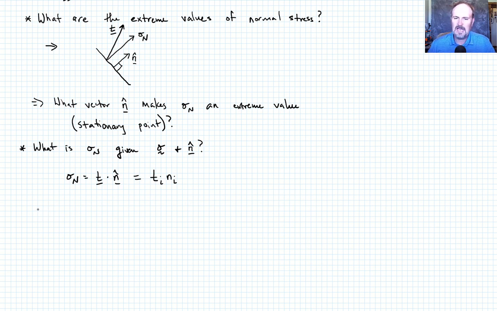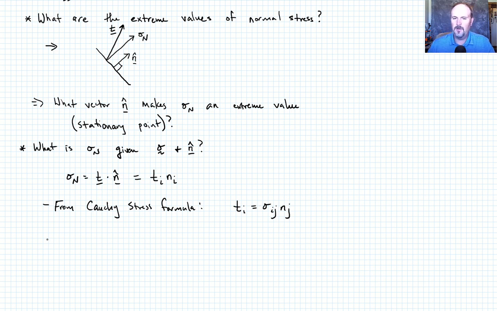And you know what t_i is, right? From the Cauchy stress formula, we can write that t_i is equal to sigma_ij n_j.